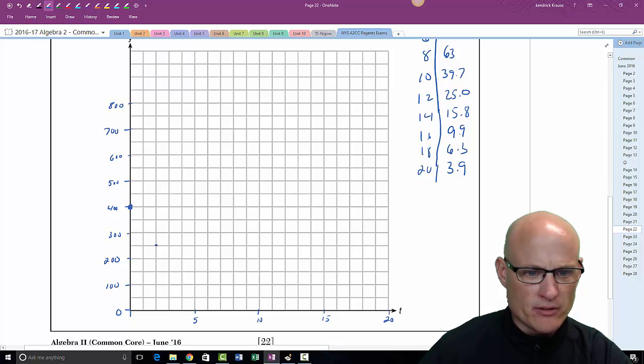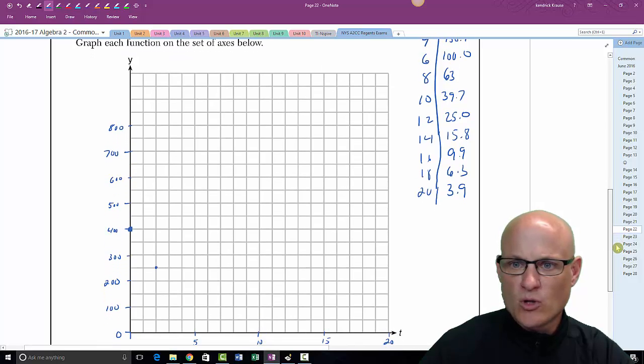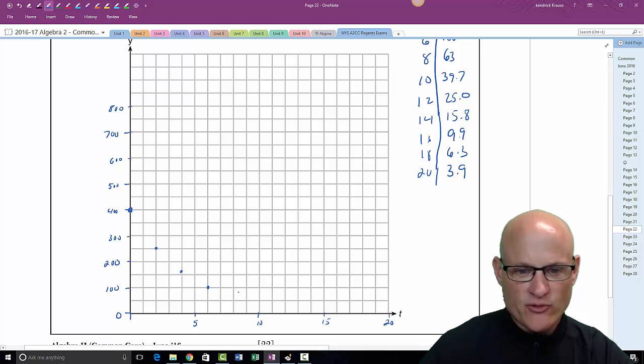So that's somewhere around here in the middle. 4, 160, approximately. 6 was 100. 8 was 63. I apologize. 10 was almost 40. 12 was 25.